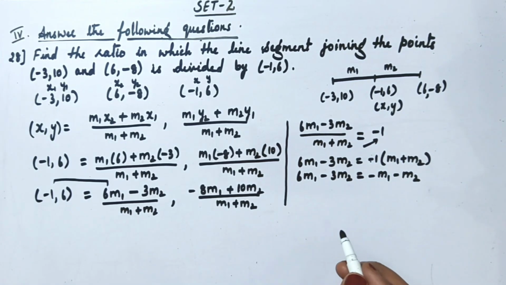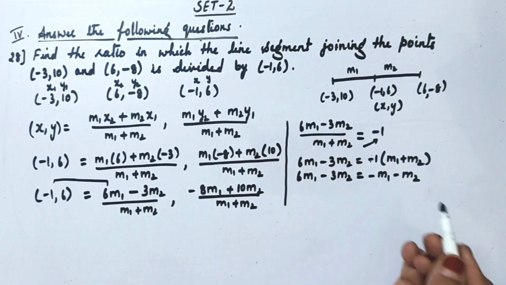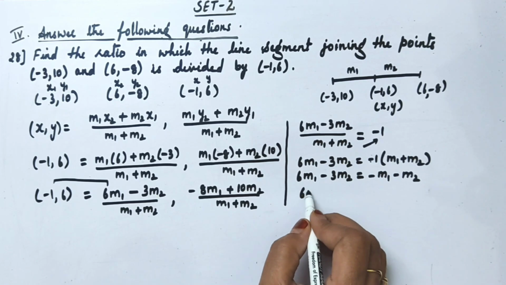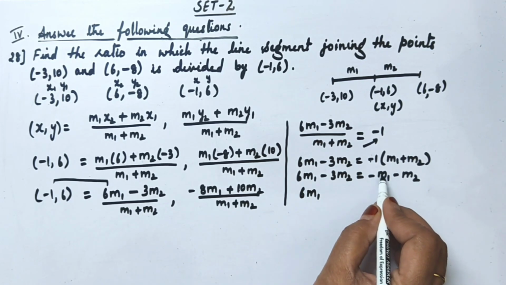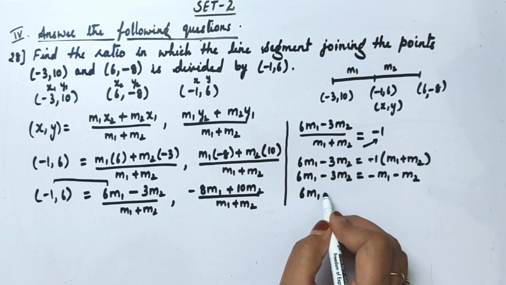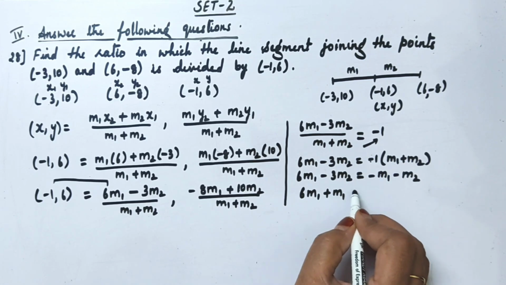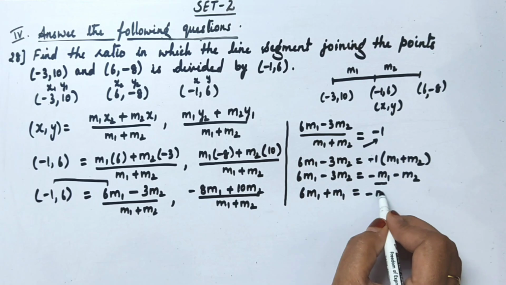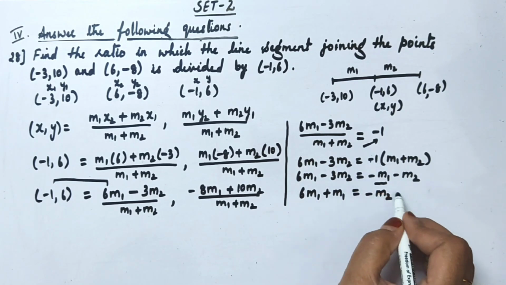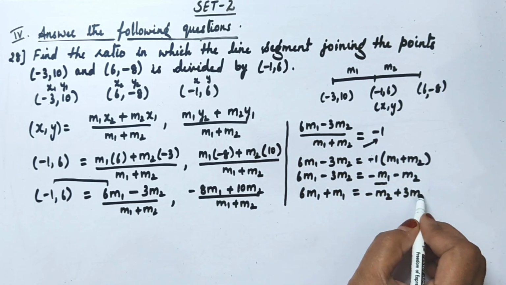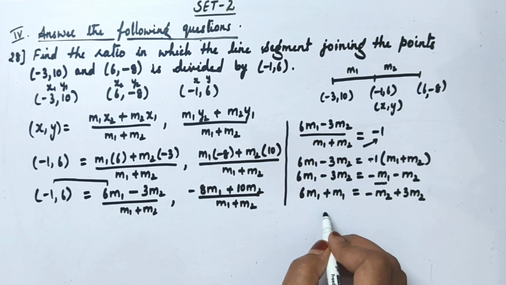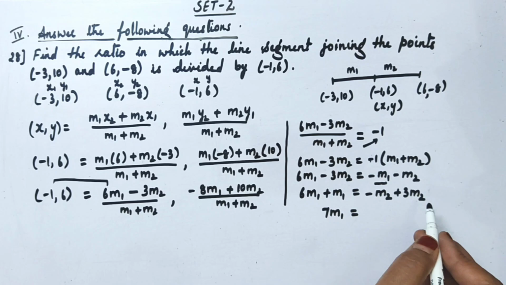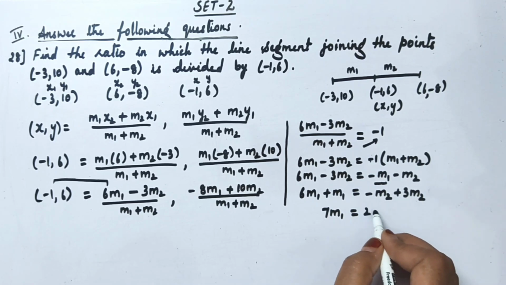Let me rearrange the terms. All m1 to one side, m2 to the other side, like terms together. 6m1, and m1 when it comes to the left hand side, the sign changes and becomes plus m1, equals. This part is gone, what is left is minus m2. Bring the 3m2 to the other side, it becomes plus 3m2. So 6 plus 1 is 7m1 equals, minus plus 3 is, let us subtract, 2m2.